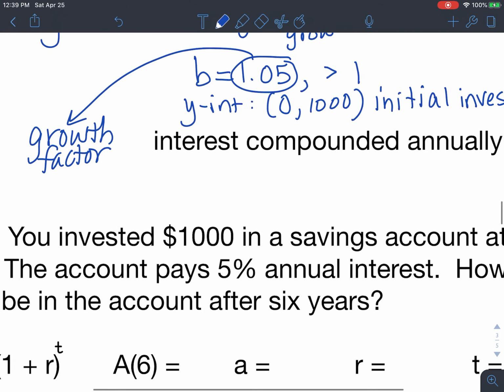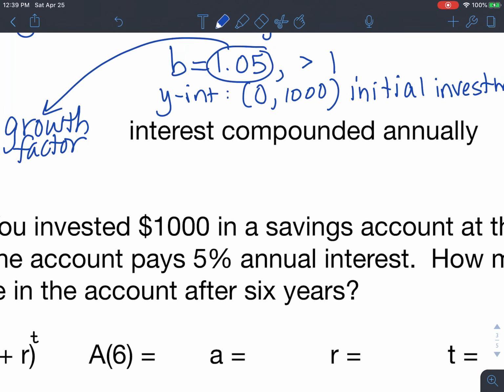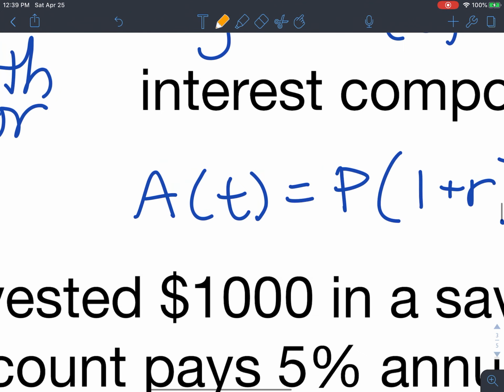So what I'm going to give you now is a formula to calculate interest that's compounded annually. And that is A of t equals P times 1 plus R to the t power. Now let's discuss what all these things mean. A is the amount you have after the certain amount of time, or the final amount.